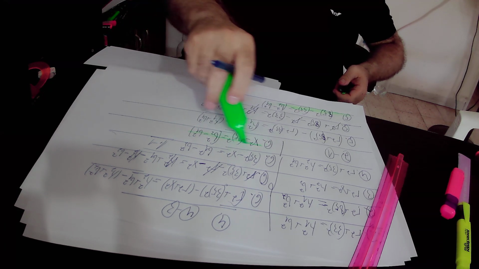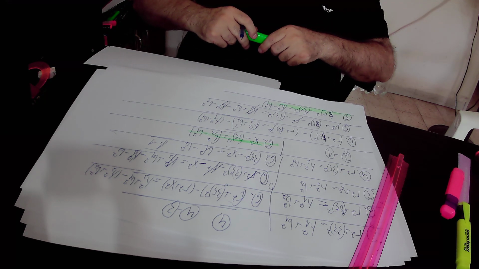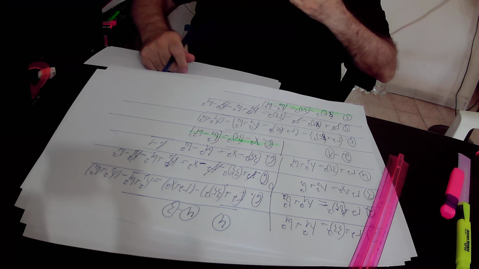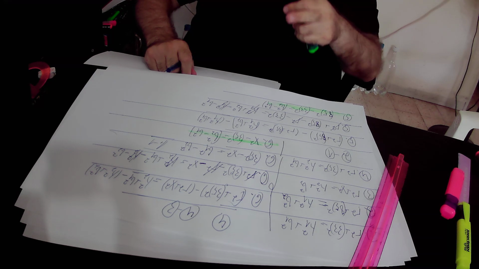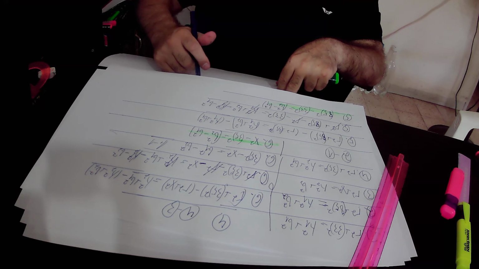In the next step, we create equation number 7. It says that B2 square minus B1 square according to equation number 5 must be equal to B2 square minus B1 square according to equation number 6.